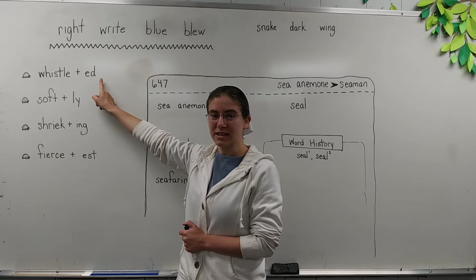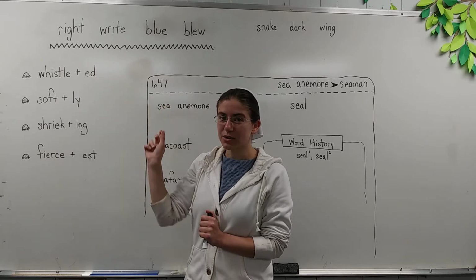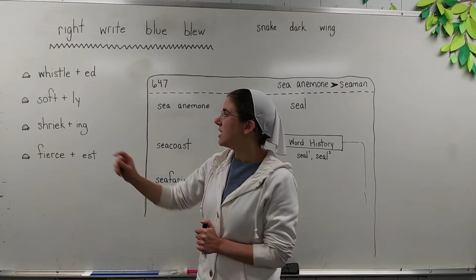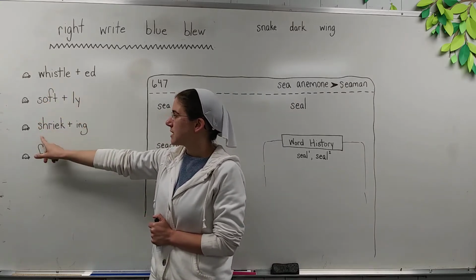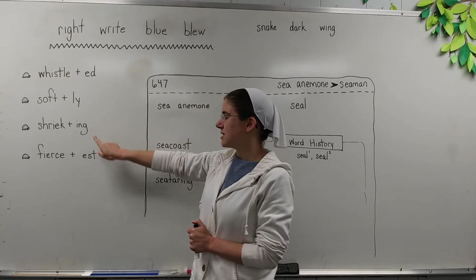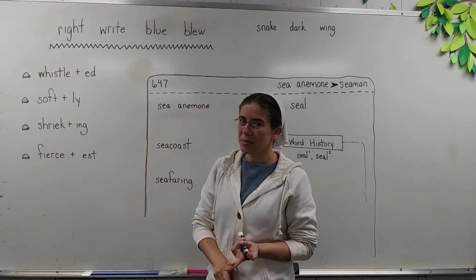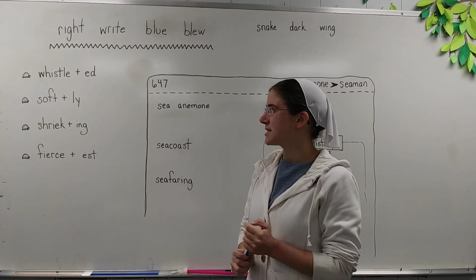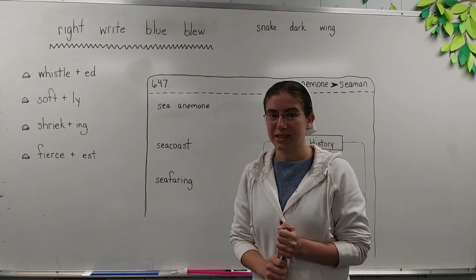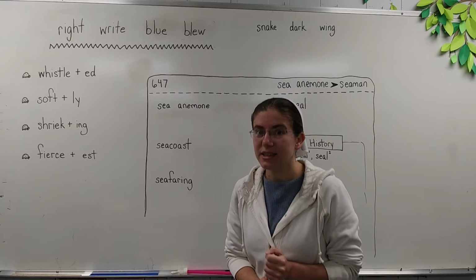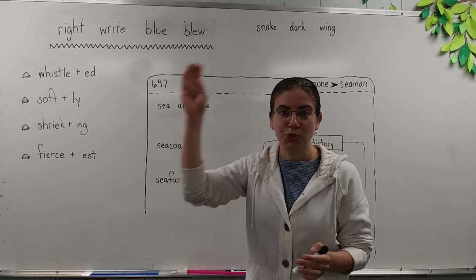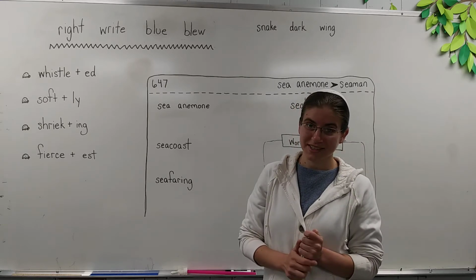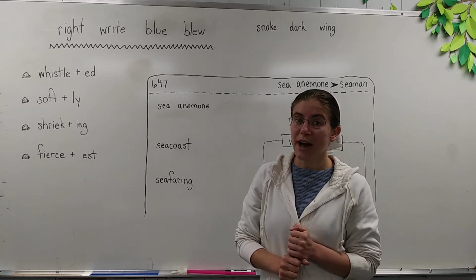suffix. A suffix is a letter or a group of letters that we add to the end of a word to change its meaning. This is the root word on this side. This is the suffix on this side. So one rule to remember when you're writing these words is that if a word ends with a silent E, then you need to drop the silent E before you add a suffix that starts with a vowel.